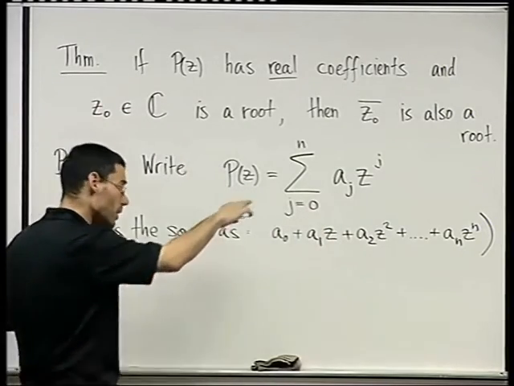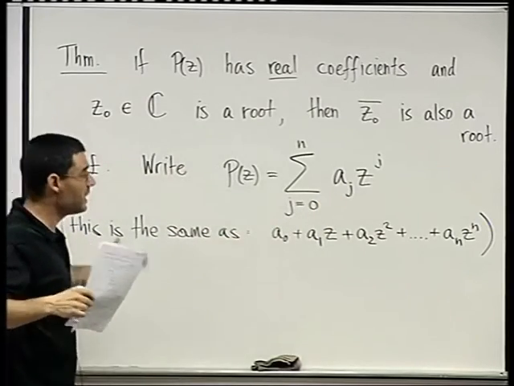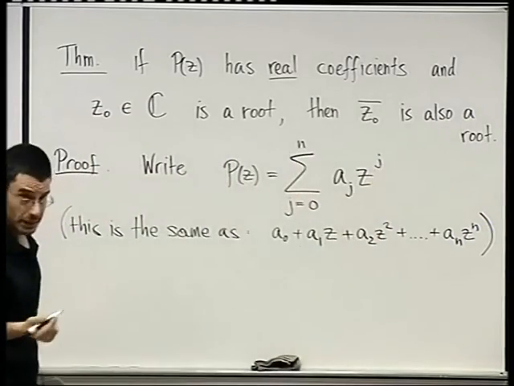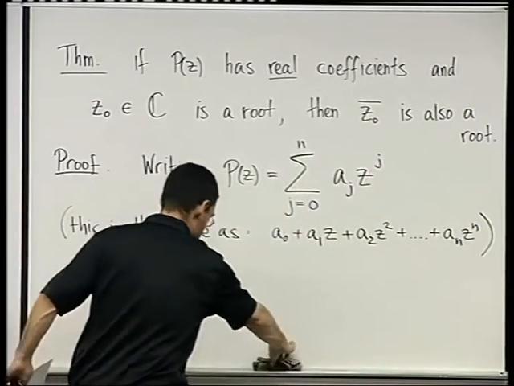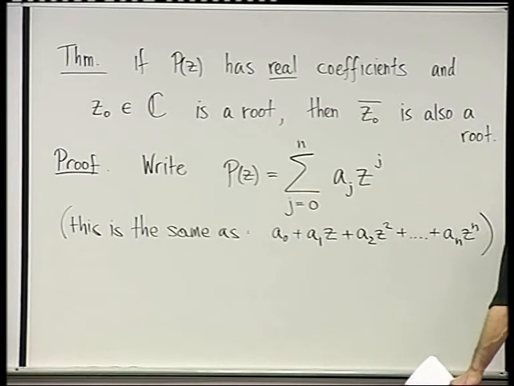But I want to use the sigma notation because everything becomes much more compact and easier to write. So don't be afraid of this sigma notation. You can get along without it, but as we progress in this course and in many others, you'll see that it's so convenient that you're going to want to get used to it, and why not do it now? So here's the proof.